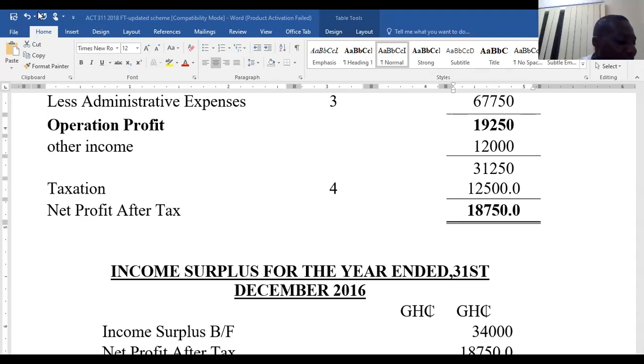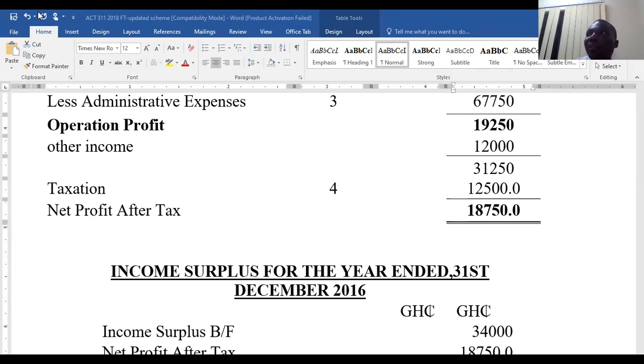So how much are you getting as your net current assets?